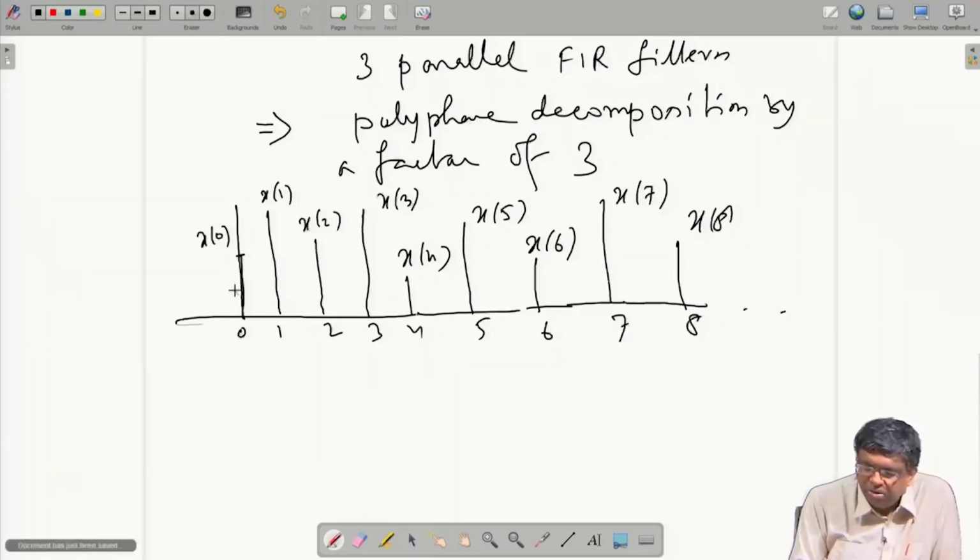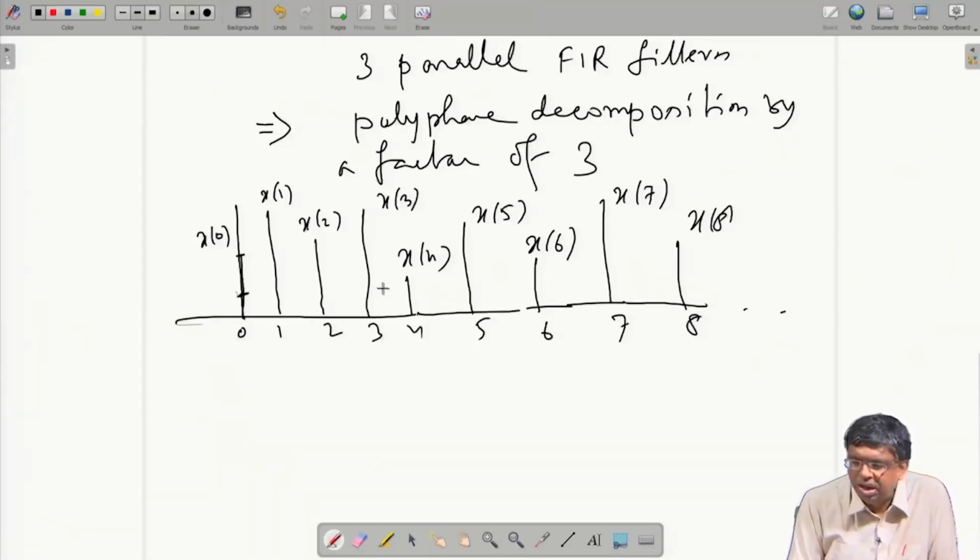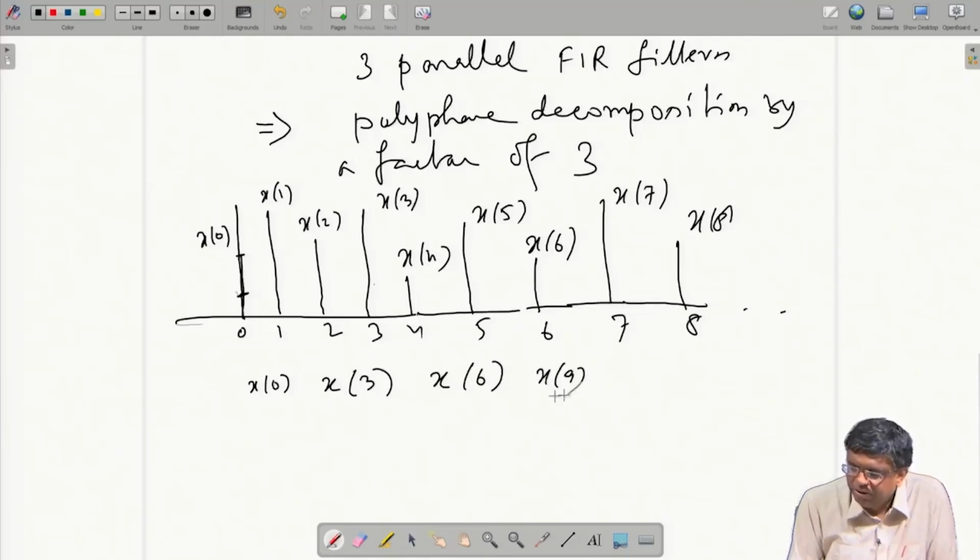If you take this sample, then throw away the 2 intermediate samples, take this one, and again, so 0, then 3, then 6, 9, like that. So, you get basically a decimated version, decimated by a factor 3. You get a sequence x 0, followed by x 3, followed by x 6, followed by x 9, dot dot dot from this side. If you go to the left hand side, it will be x minus 3 and so on and so forth.